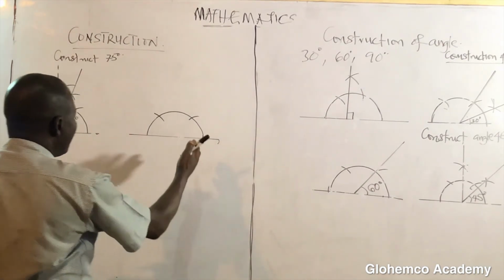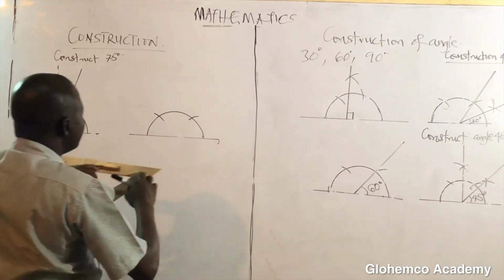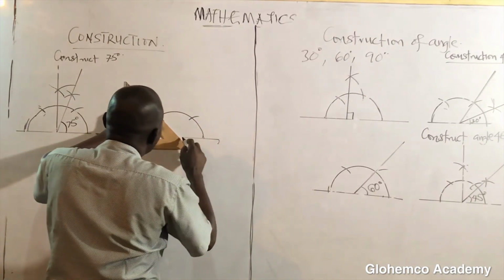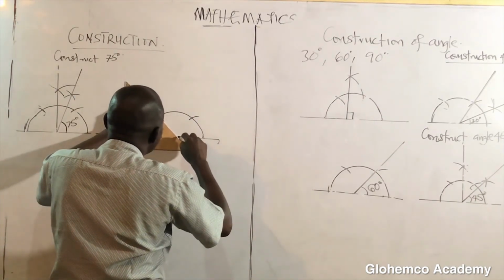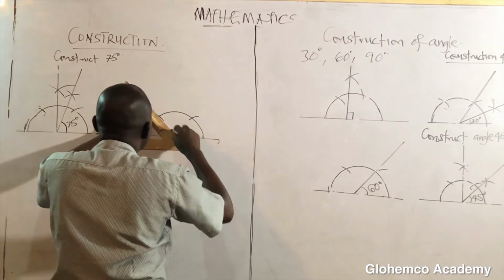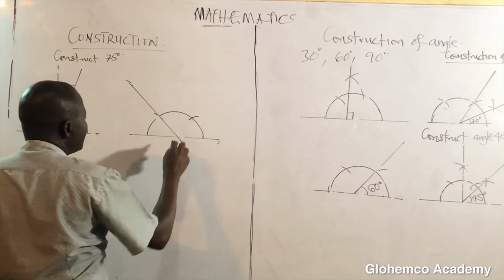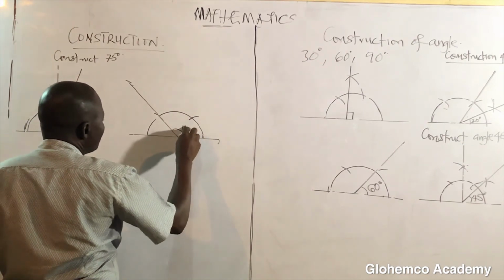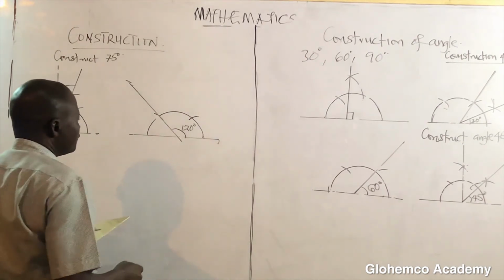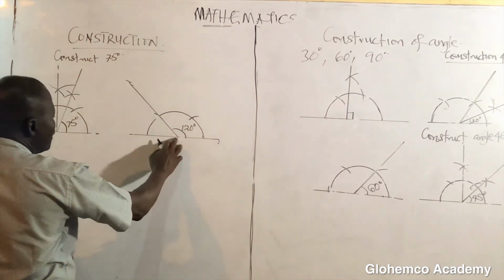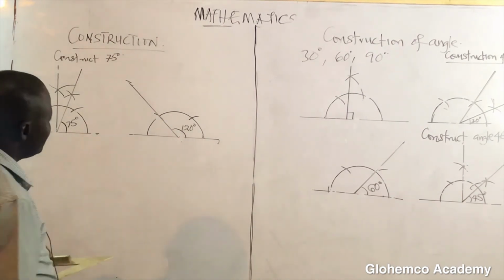If you decide that your 120 to fall to this side, then with your mark here, you can decide to join this one with the center of your compass to this one. Mark it like this. So when we have it like this, the angle forms 120 degree. This is 60 plus 60 makes 120 degree. This is how to construct angle 120 degree.